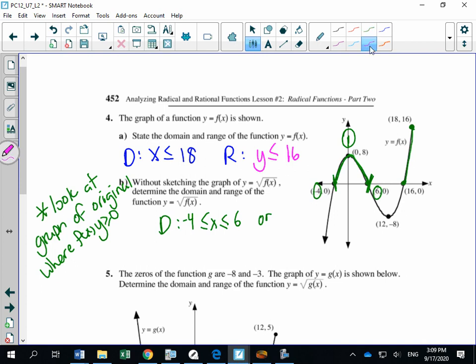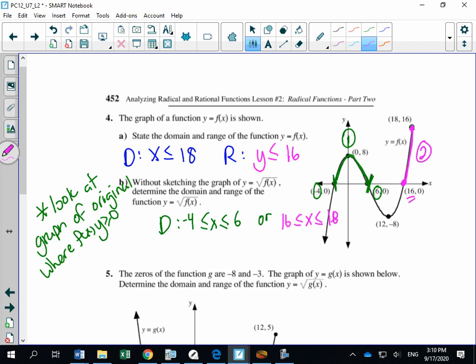Now I have to figure out the domain of this piece. The x values go from 16 to 18, so the domain of that piece is x less than or equal to 18, greater than or equal to 16.